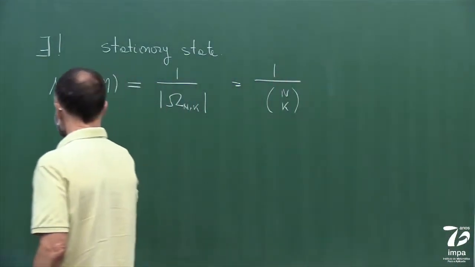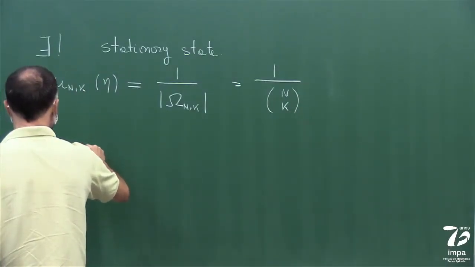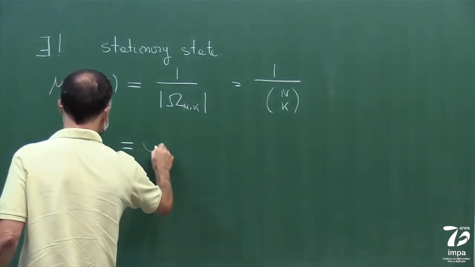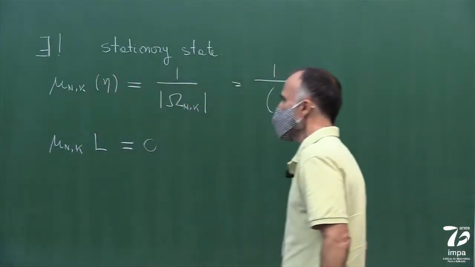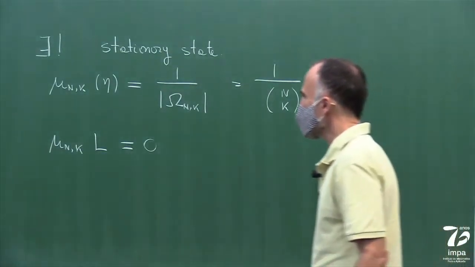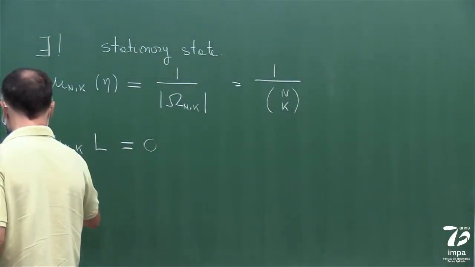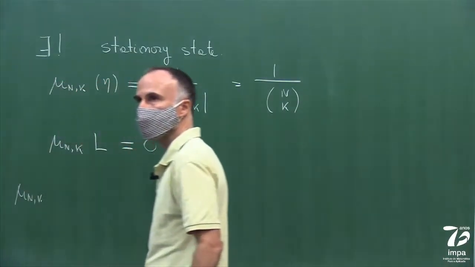We have seen that in order to prove that some probability measure is invariant, I have to show that mu_{n,k} L is equal to 0. But actually, what I will prove is that mu_{n,k} satisfies the detailed balance condition.